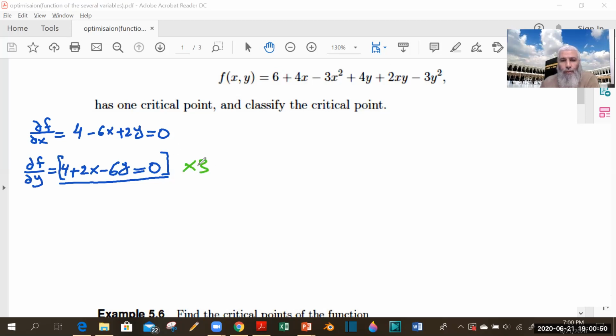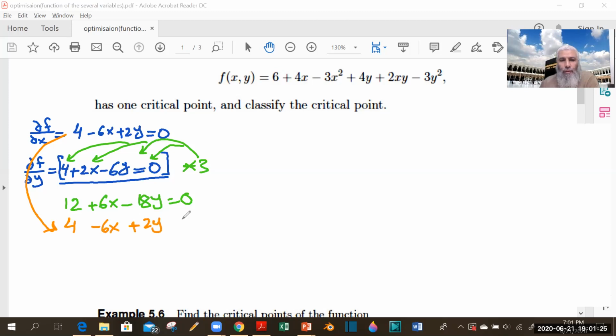So we multiply everything by 3, and we have here 12 plus 6x minus 18y equals 0. But Ustaz, why should we multiply by 3? To make something called elimination. We will take this equation, 4 minus 6x plus 2y equals 0, and write it here so we can make elimination.